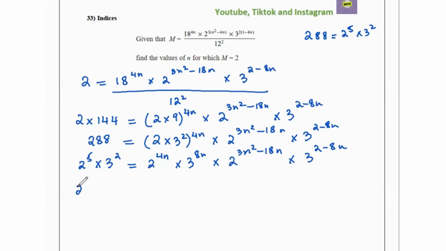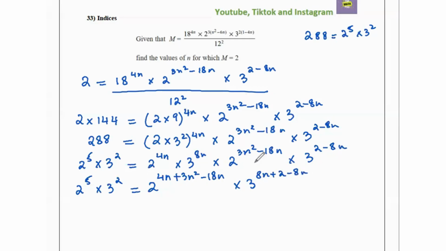So over here, we have 2 to the power of 5 times 3 squared and 2 to the power of 4n, and this combines. So whenever we have similar bases being multiplied, we add the powers. So it's 4n plus 3n squared minus 18n times 3 to the power of 8n plus 2 minus 8n. Same thing.